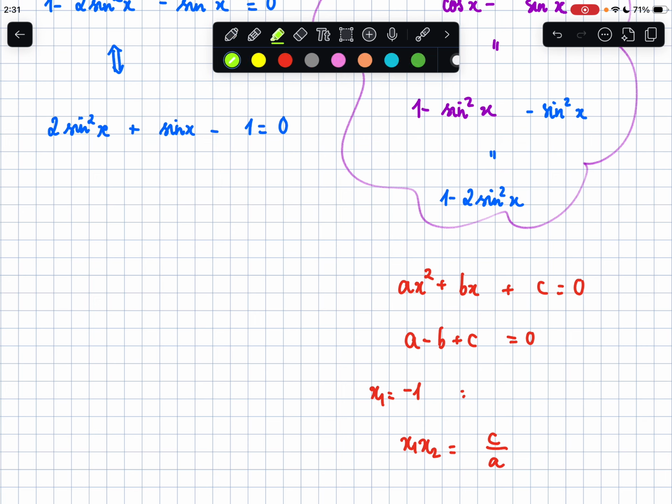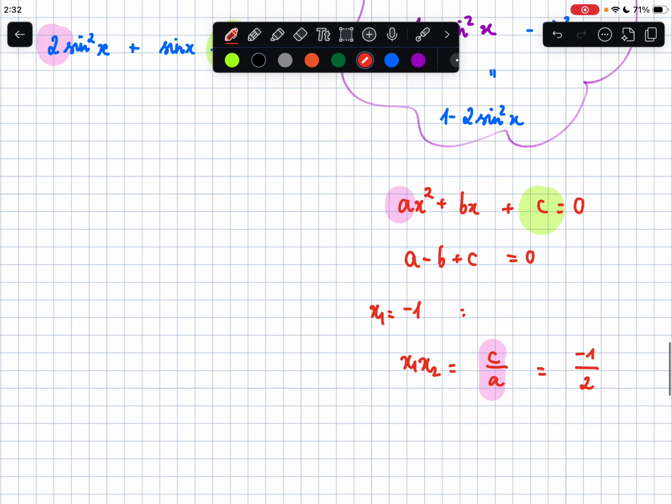In our case, c is minus 1 and a equal to 2, so c over a is minus 1 divided by 2. The product is minus 1/2, so x2 must be minus 1/2 divided by minus 1. x2 is 1/2.